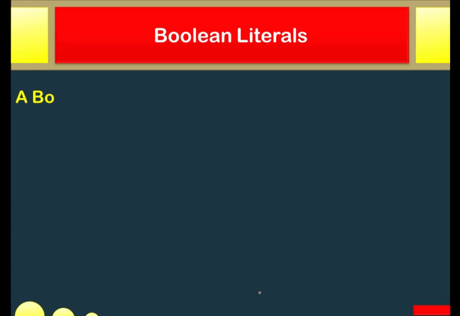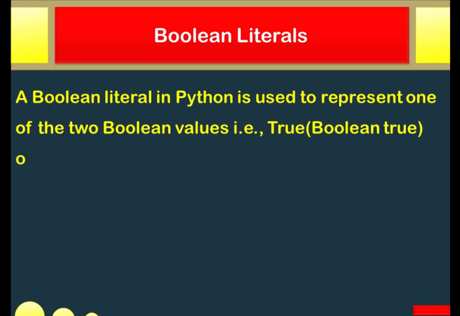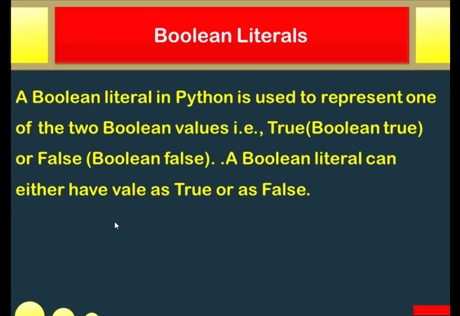Now we are going to learn about Boolean literals. A Boolean literal in Python is used to represent one of the two Boolean values, true or false. A Boolean literal can either have the value true or false. It's a value.